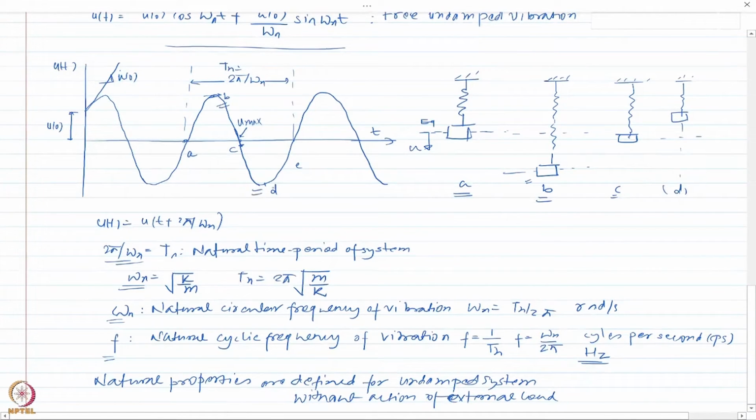Then after it attains this negative maximum, it starts coming back to its equilibrium position, at which it completes a cycle of motion. And this keeps on repeating. So this is the basic breakdown of a free vibration of an undamped system.